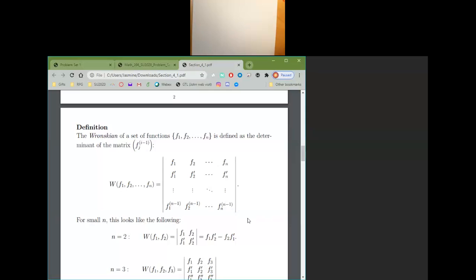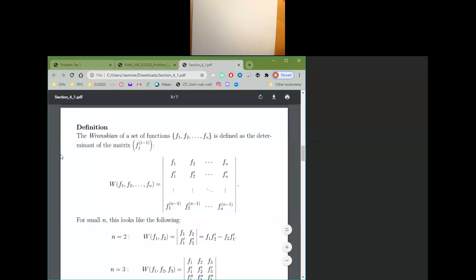Okay, so this is complicated notation that you don't have to know, but it is the correct notation. The Wronskian of a set of functions is defined as the determinant of the matrix, where each row lists the functions, all raised to a specific value of derivative.